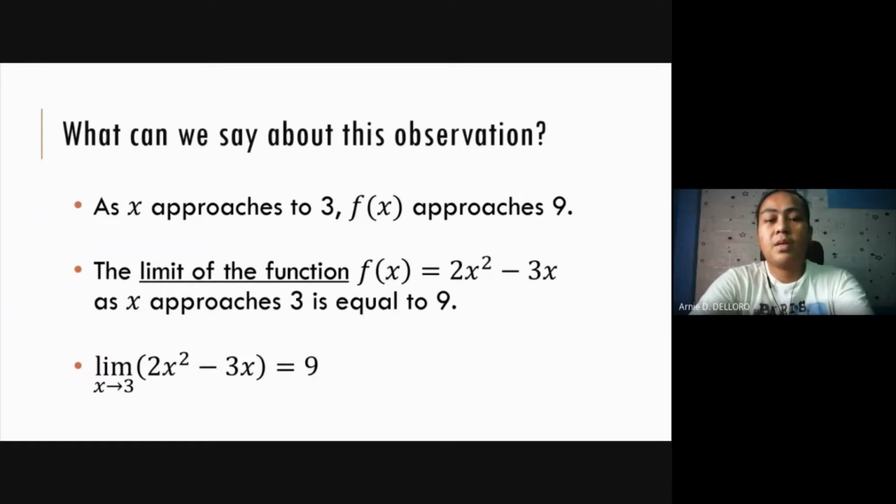So, yan po yung ibig sabihin or yun yung mga interpretation or possible interpretation that we can get from the example presented. Okay? So, kapag may tanong, you may just type in your answers in the comment section of this video. Okay?